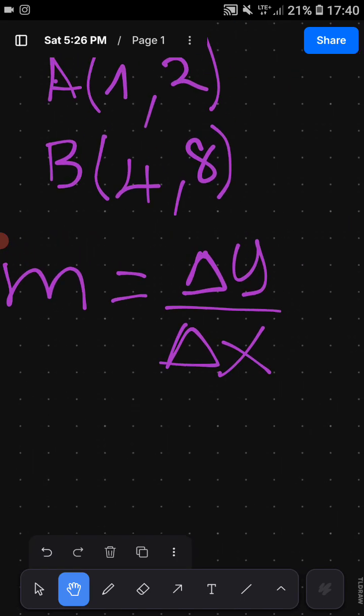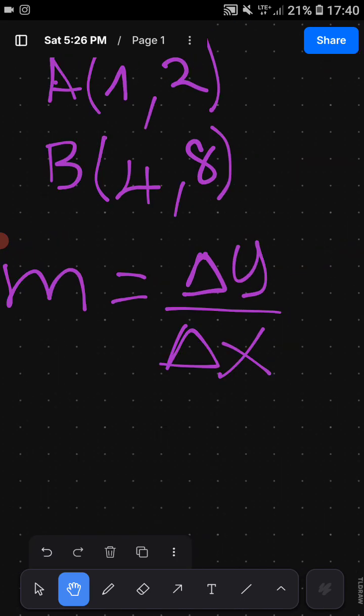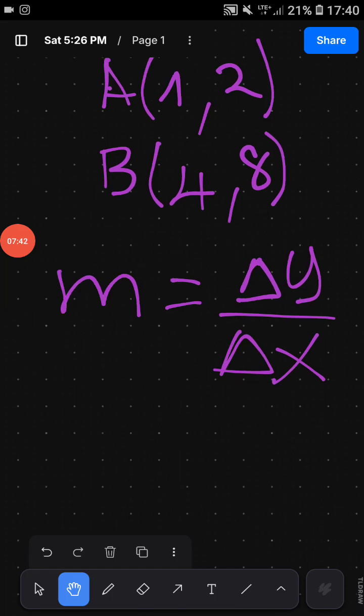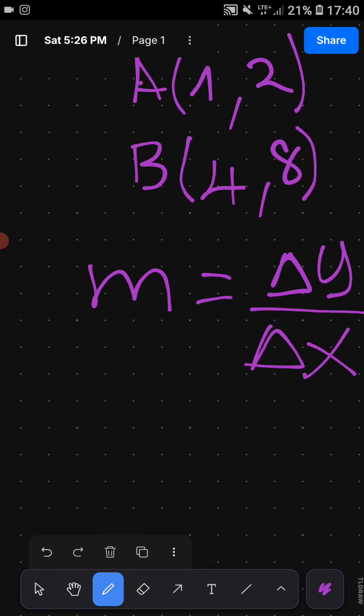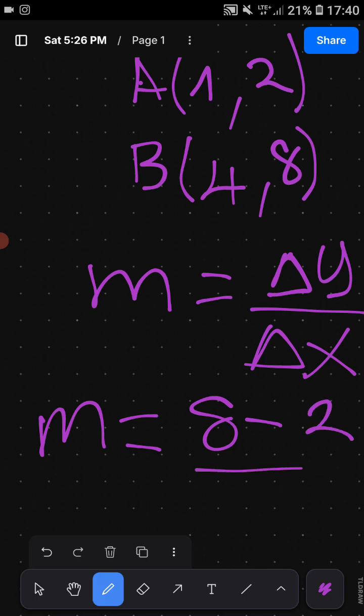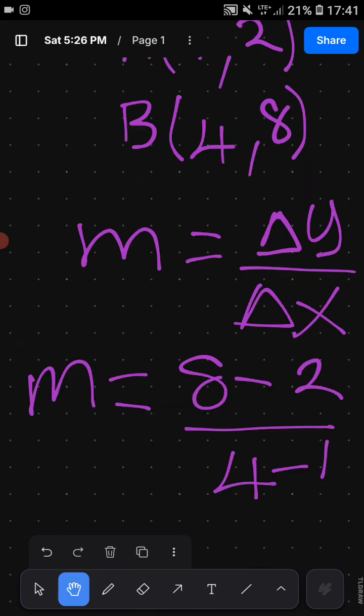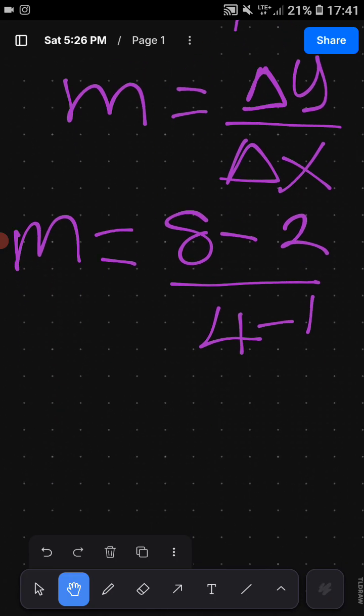Okay, and this means m is equal to 8 minus 2 on 4 minus 1.